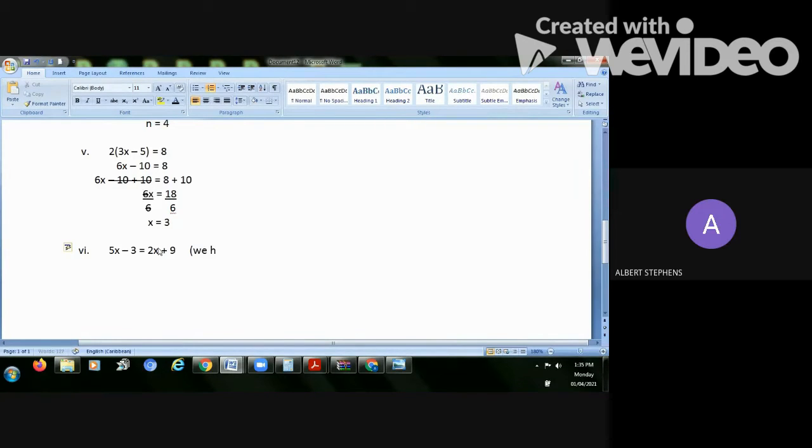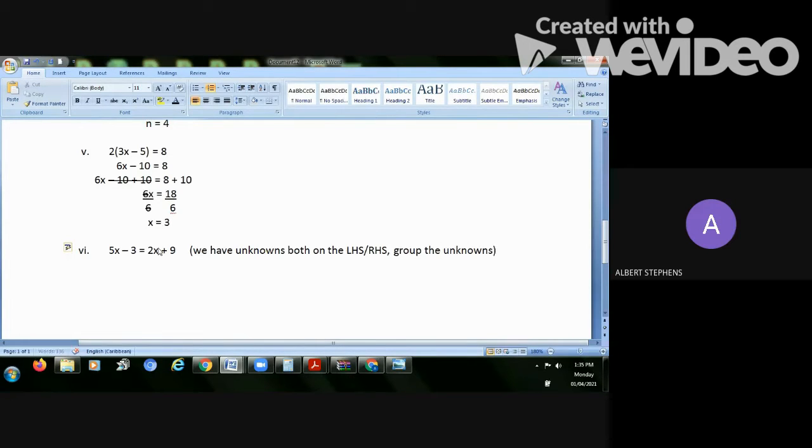All right. So we have unknowns both on the left hand side and the what? The right hand side. So we need to group the unknowns.